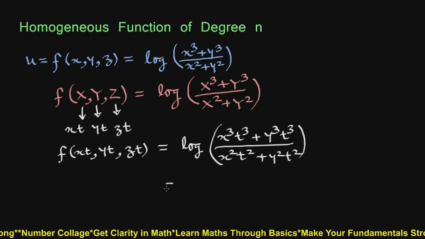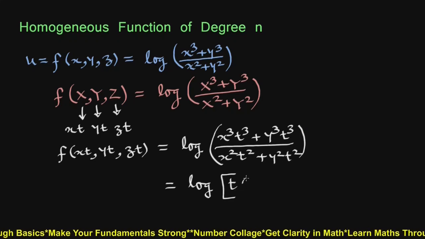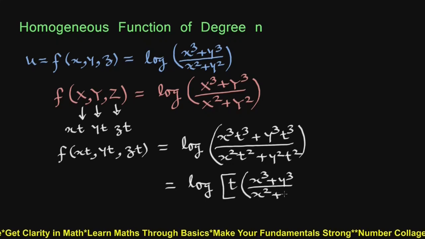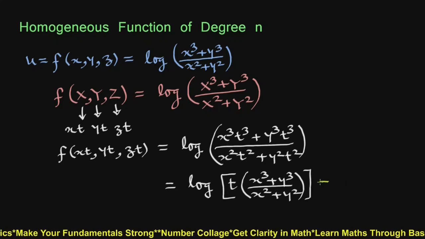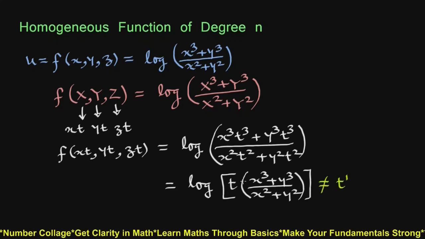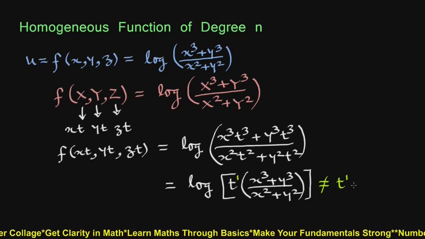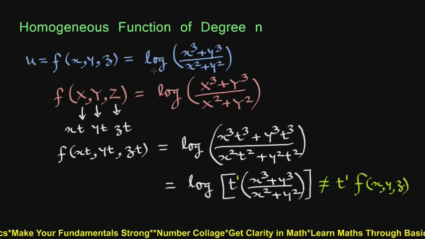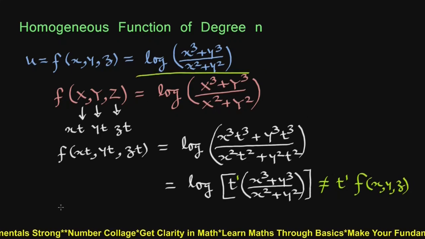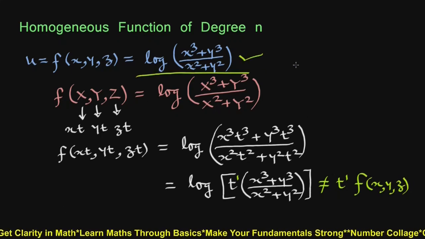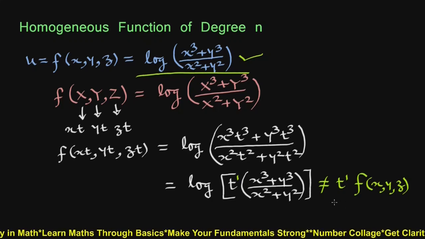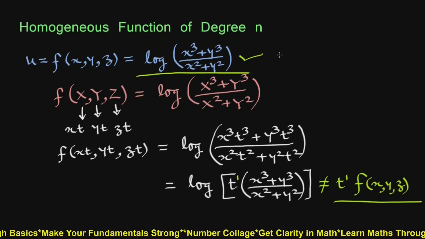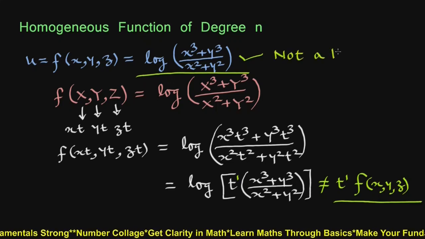This will be log of t into x cube plus y cube upon x square plus y square, which is not the same as t raised to 1 f of x, y, z, the original function. Hence, since the given function cannot be written in the form some power of t times f of x, y, z, this is not a homogeneous function.